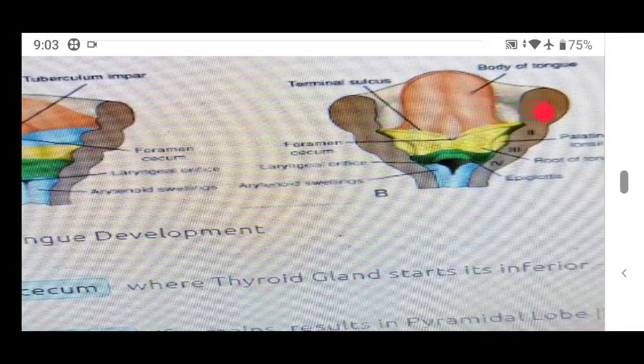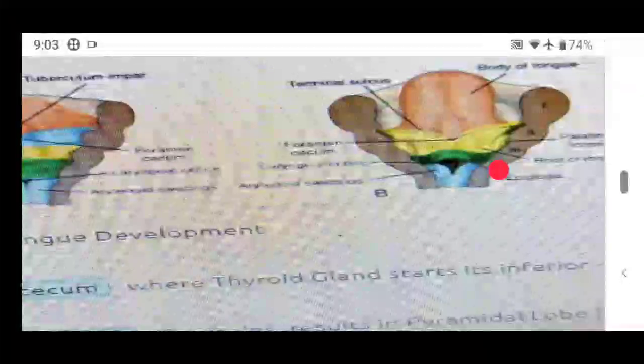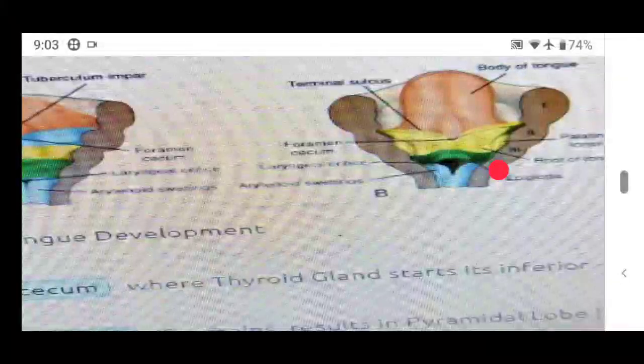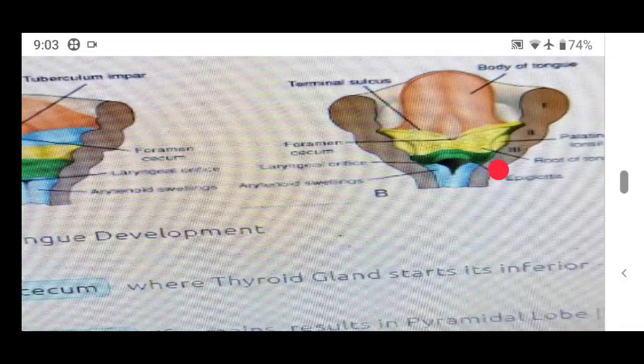Different parts of the tongue, the epiglottic region, fovea and foramen cecum: the epithelium of all these regions developed from these arches.